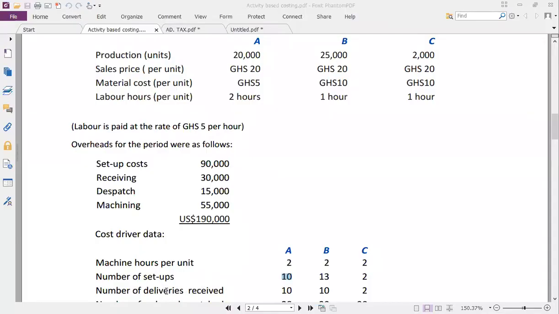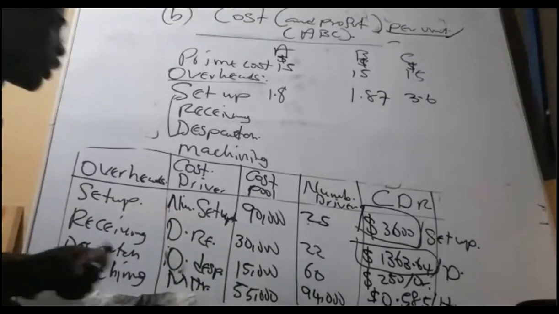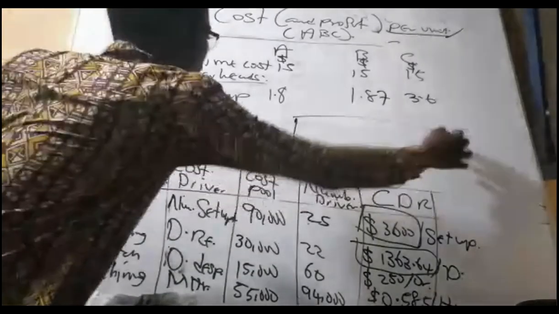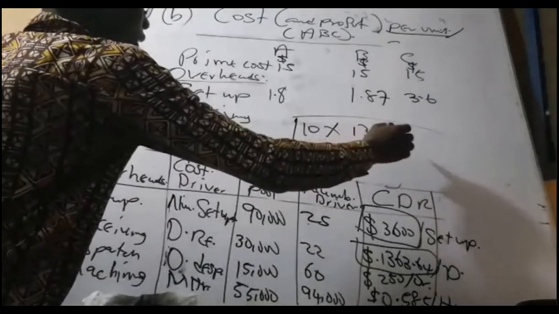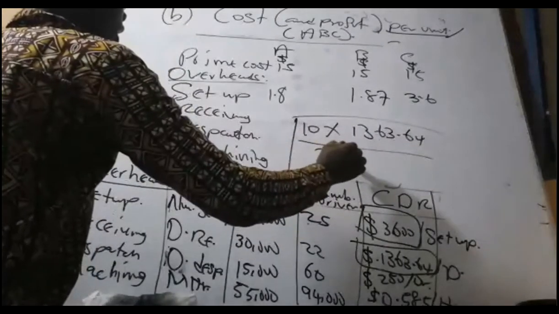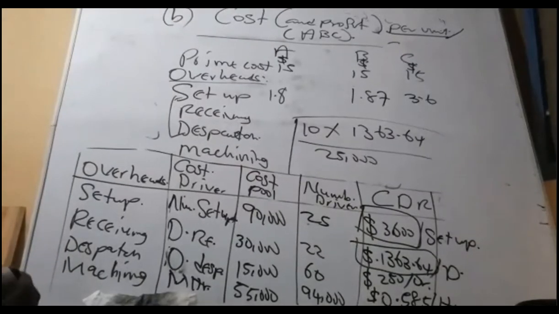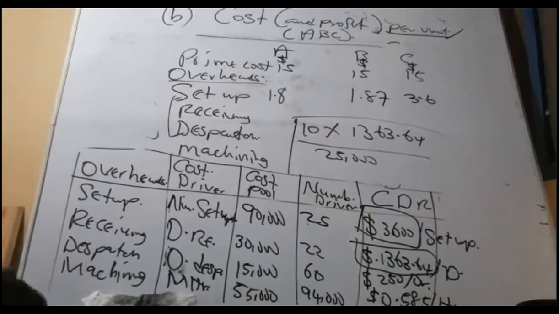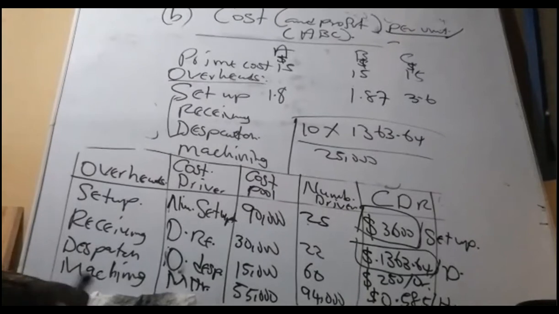For number of deliveries, I have 10 for that of A. So if it's 10, I'll tell the examiner that, as a working note, 10 times 1363.64 all divided by 25,000 units. Whatever answer I get, I'll put in as the overhead rate for receiving.